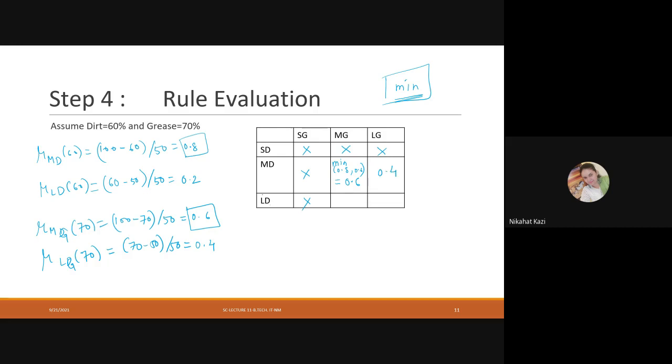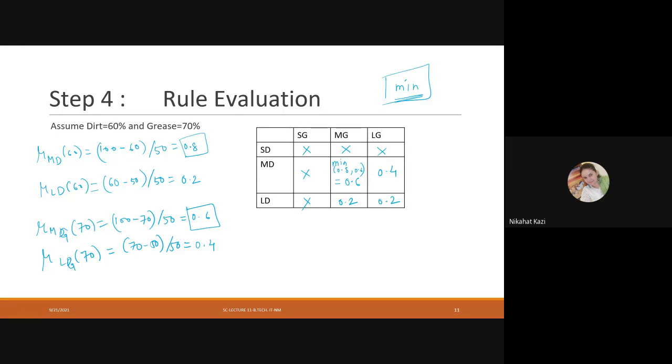Okay. Dirt is large, grease is medium. So dirt is large, 0.2, and grease is medium, 0.6. Minimum of these two is 0.2. Are you getting it? Again, large dirt with large grease, minimum is 0.2. Okay. So I write these values.